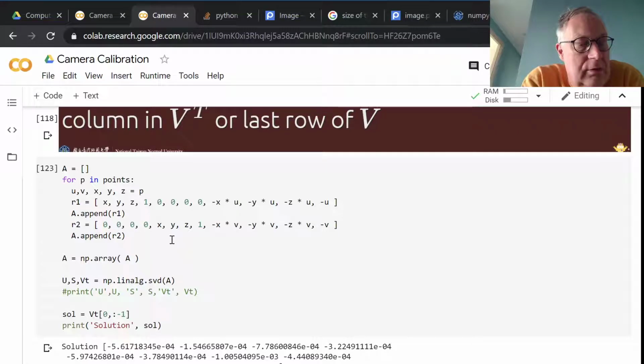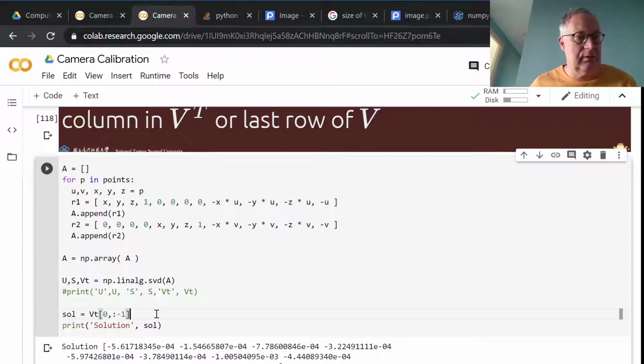This would be the solution then, the last element of the second row. I just print out VT0, VT1.